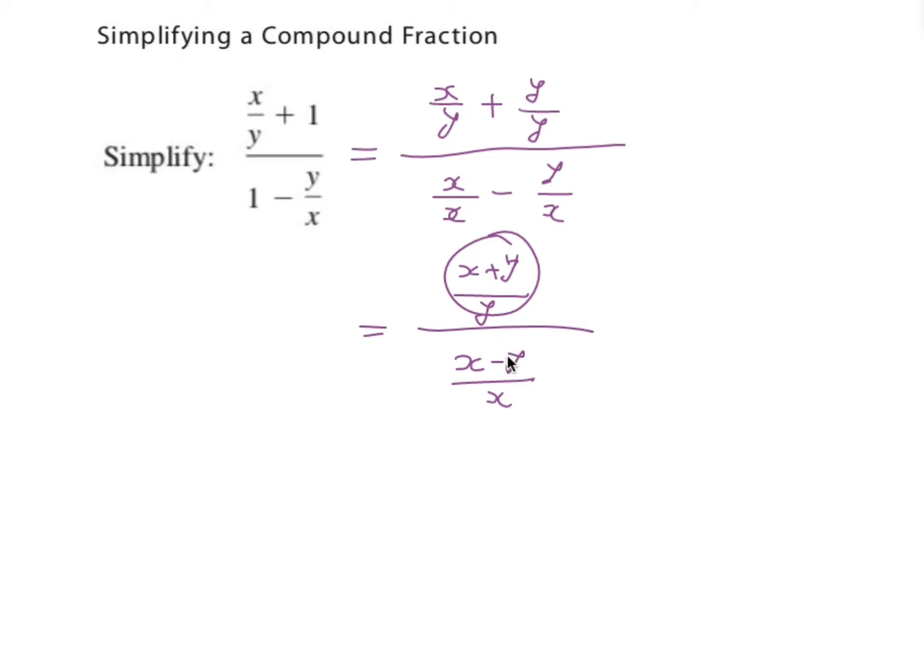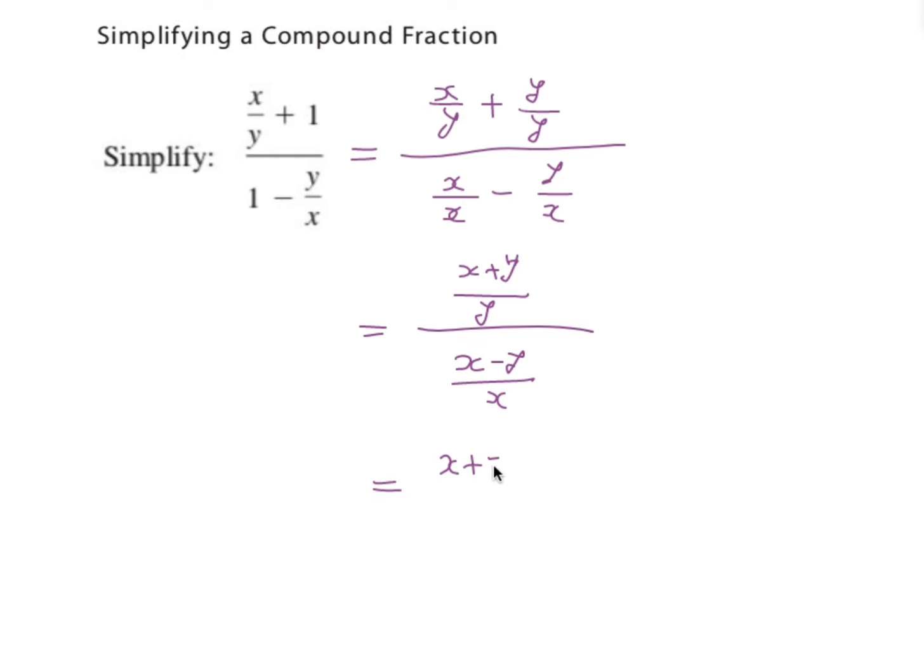So this is the numerator, this is the denominator, or we can say this fraction divided by this fraction. You already know we can't divide directly in fractions, so first we have to convert it into multiplication.